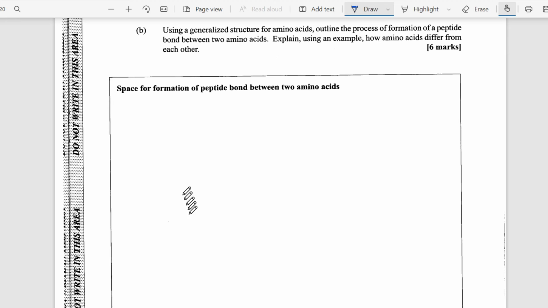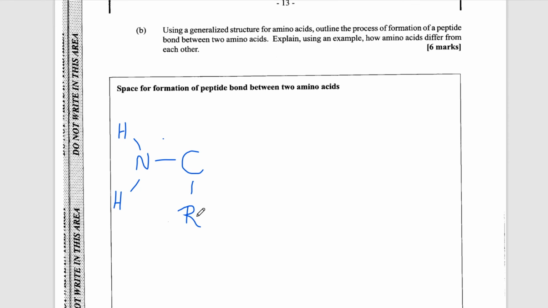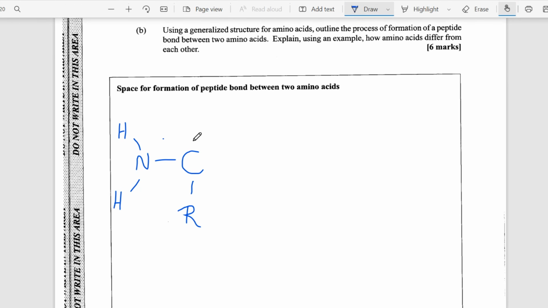Okay, so the basic structure for an amino acid, if I was to draw two of them, is that you have a carbon, and this would be connected to a nitrogen here, and you would have a hydrogen over here, and then basically NH2 there, and you would have a residue group, basically an R group, which will be different for each amino acid, which actually explains the next part. A hydrogen atom here, and a carboxyl group here.